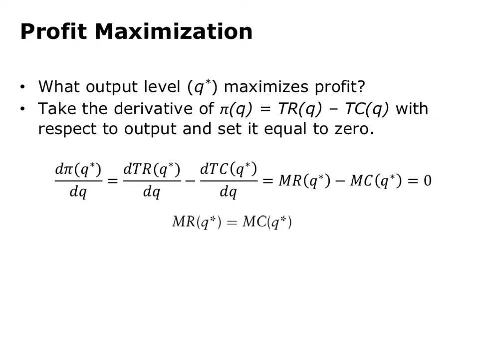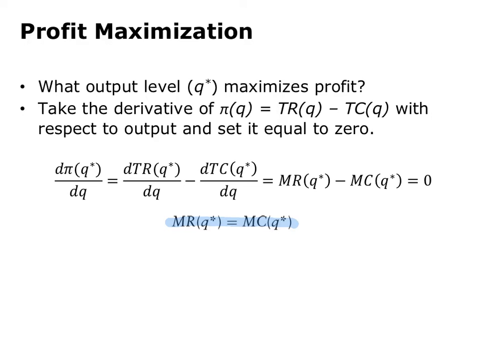How does a firm decide what output level maximizes profit? In Principles of Economics, you likely learn that the profit maximizing quantity is the quantity at which marginal revenue equals marginal cost. In intermediate microeconomics, we want you to know that this profit maximizing condition comes from optimization.